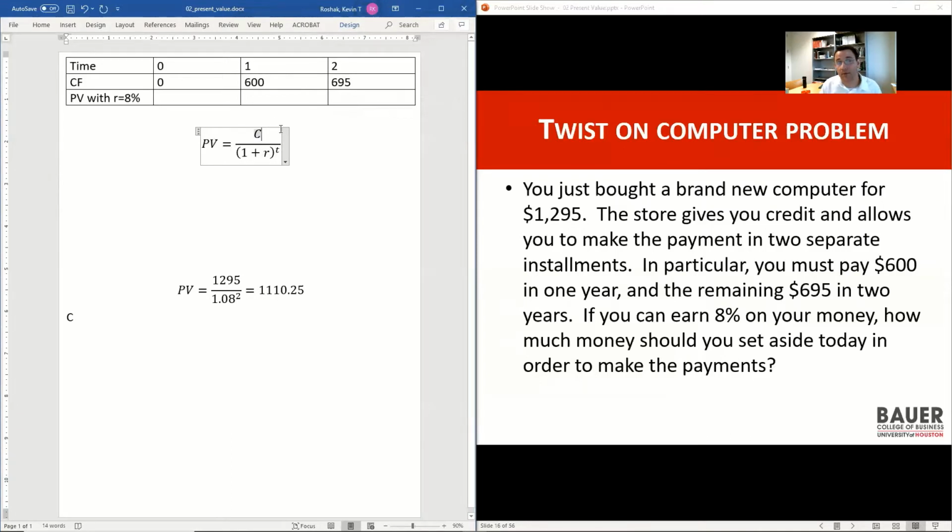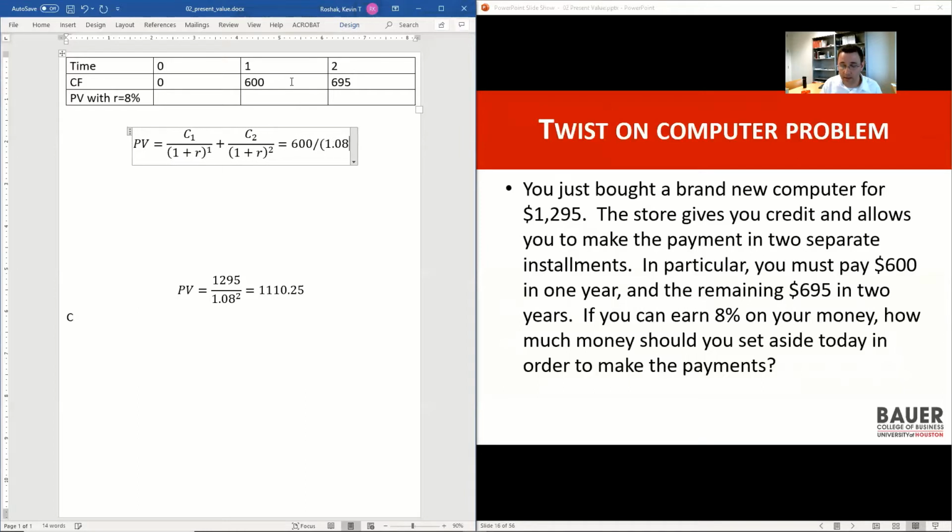Okay. So we're going to write the more general present value formula. We need a cash flow at time 1. We're going to replace the T subscript with a 1. And then we have a separate cash flow at time 2. We're going to add up the present value of each of those individual ones to get the total. All right, so what's our cash flow at time 1? We have 600.